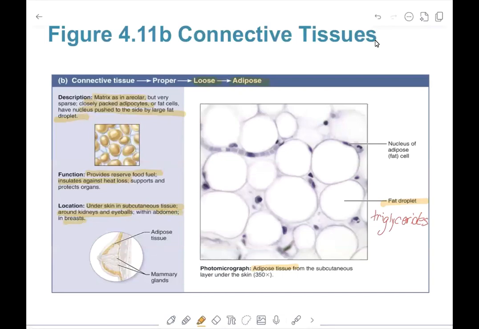So we all can relate to adipose tissue because we all have more of it than we actually want, the majority of us. So those love handles, for example, are going to have lots of adipose tissue. And one thing I want to make you aware of, especially for lab, is this looks similar to simple squamous epithelium. But in simple squamous epithelium, you'll see a lot more nuclei.